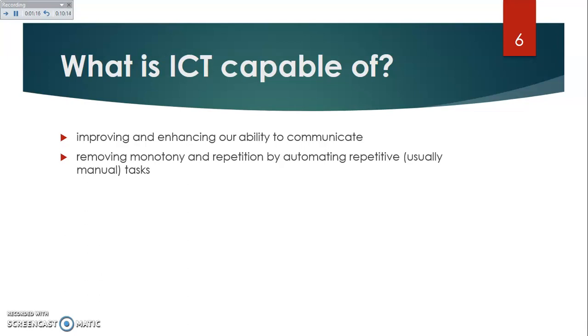Removing monotony and repetition by automating repetitive, usually manual tasks. Okay, so computers or technology, new devices are able to take over tasks that humans used to have to do.